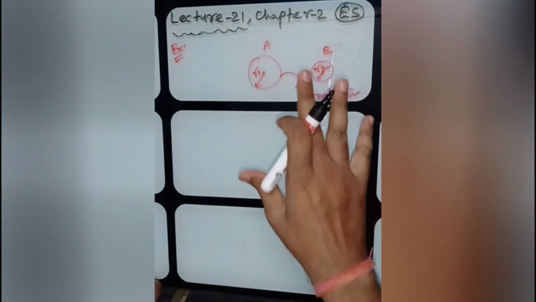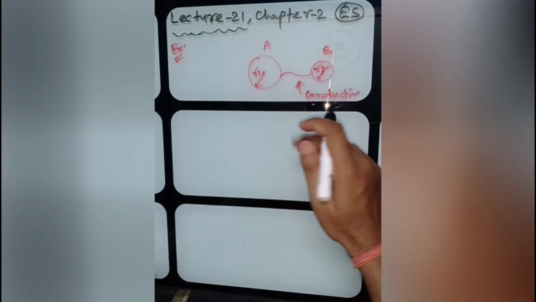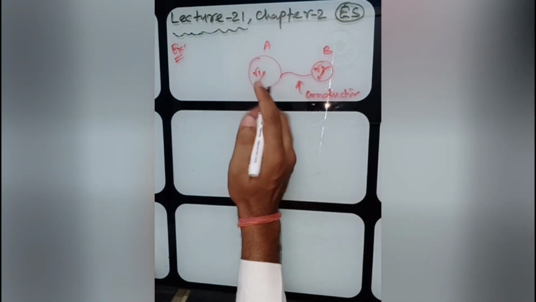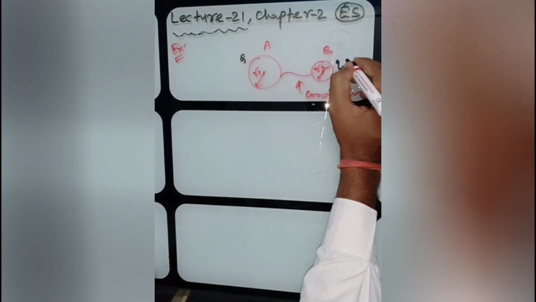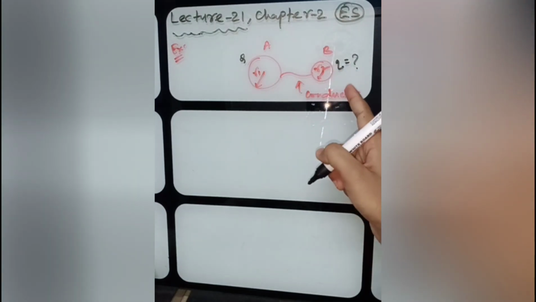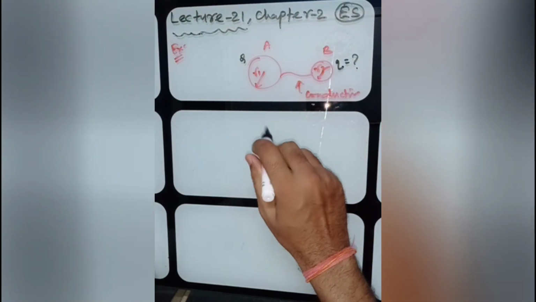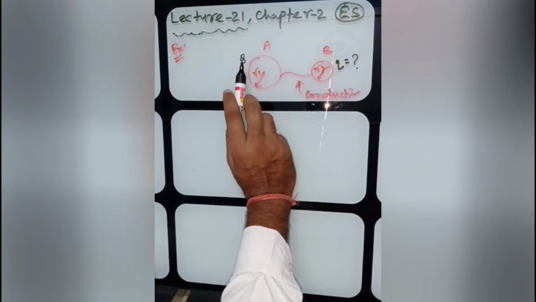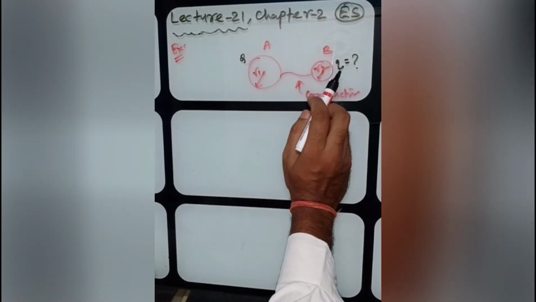Here we have to correlate with the charge. Suppose the charge given on this conductor is Q and you have to find the charge on this particular sphere. The given quantities are the charge on this shell, the radius of this shell and the radius of this shell. You have to find the charge on this shell.